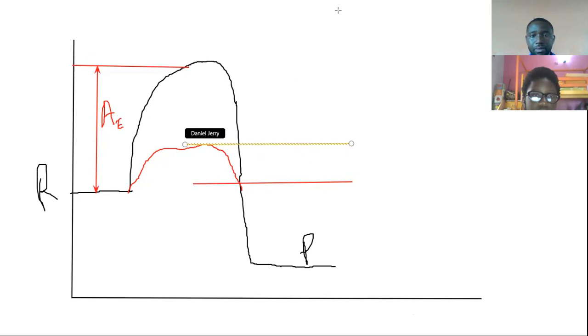Now, this is also an activation energy, but this is the activation energy with a catalyst. We call that EA, the activation energy now with a catalyst. The catalyst just shortens the distance of how much the product can be given up or we can produce it. So that just shortens the distance.